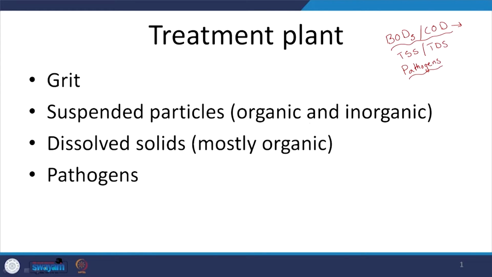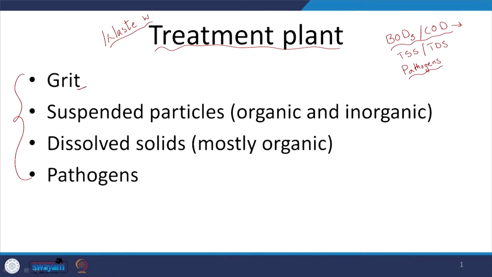So, in the treatment plant, what is it I am trying to remove? When I say I am trying to treat my wastewater, what is it that we are trying to remove, right? I am just trying to classify them, because the kind of process that you choose will depend upon the kind of material that you are trying to remove here.